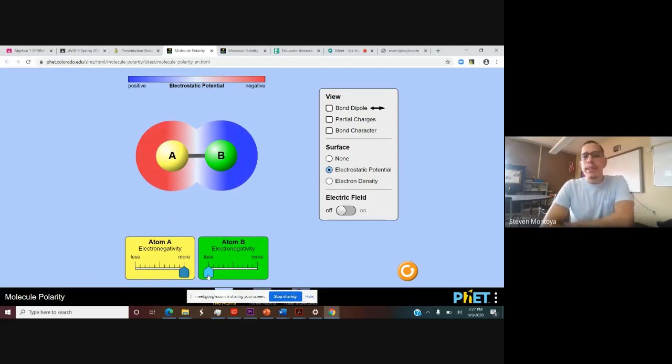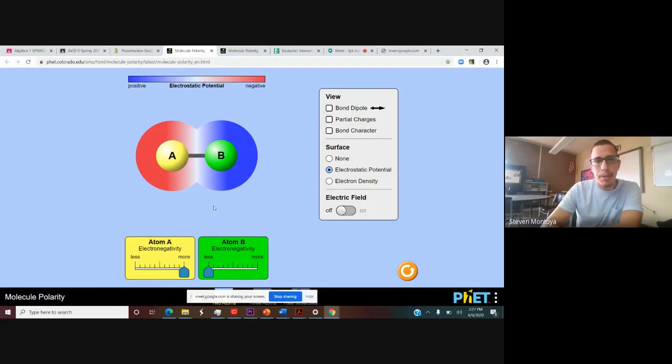What's different than the first setup that we had? Well, now atom B is at 0 instead of atom A, okay? And atom A is at 100% electronegativity, right? That created a flip in color.